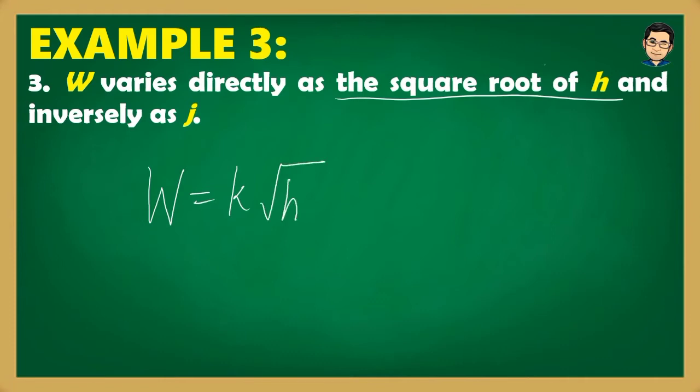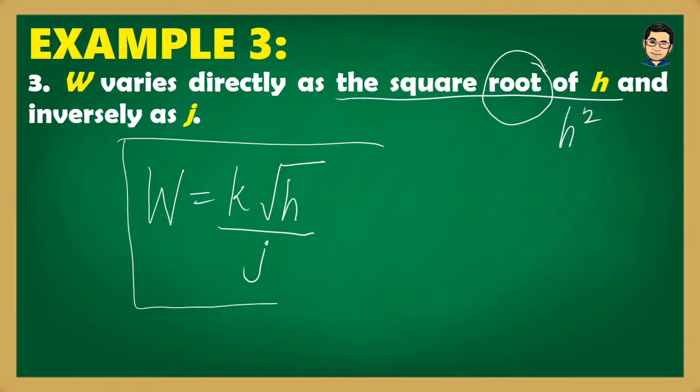So kapag ni-remove po natin yung word na root, hindi po siya square root of h, magiging po siyang h squared. Okay? So since dito nandito yung root, yung word square root, ito po ang pagkakasulat niya. Radical sign, and then inversely as j all over j. So our final answer, w is equal to k square root of h all over j.